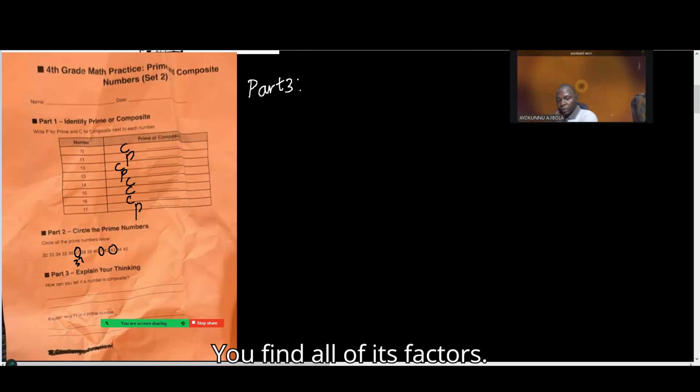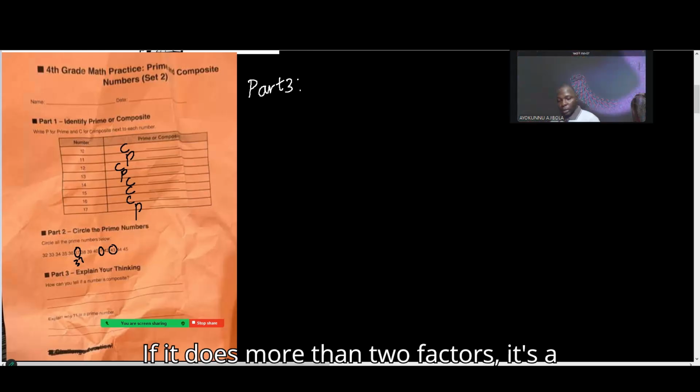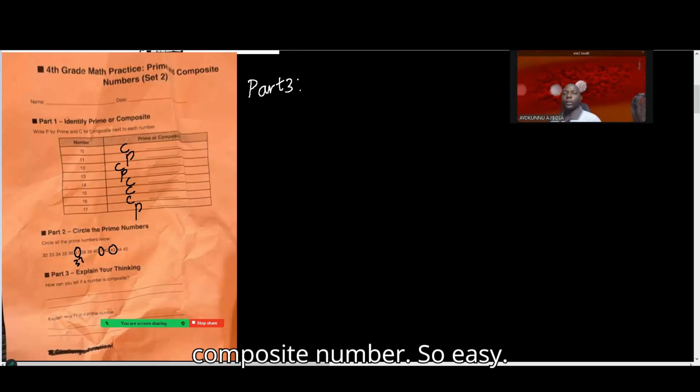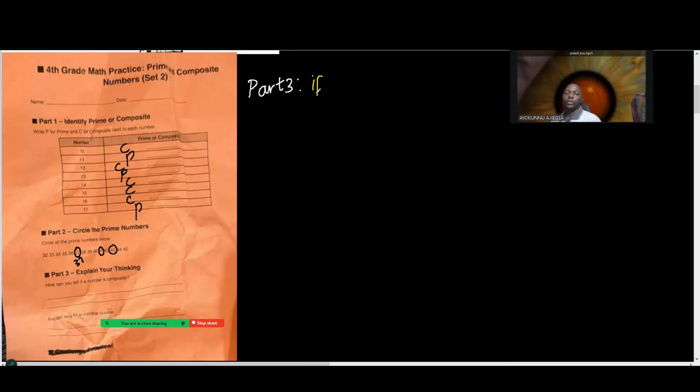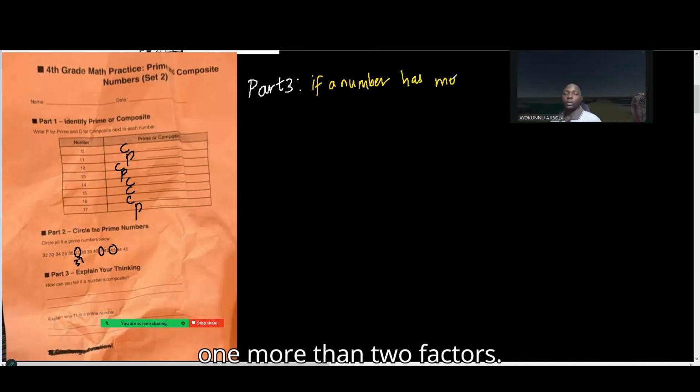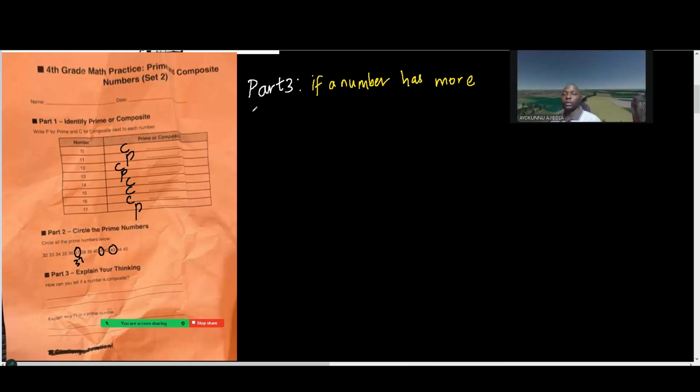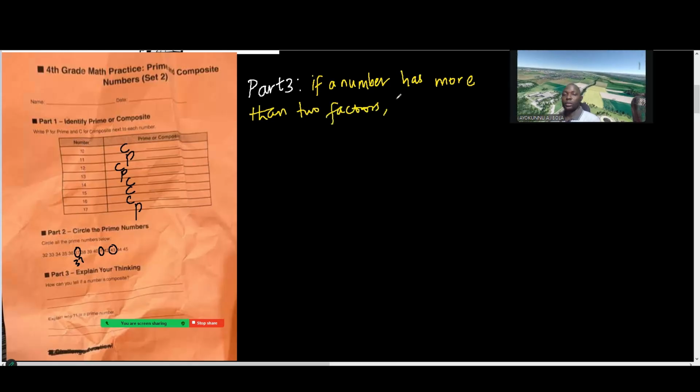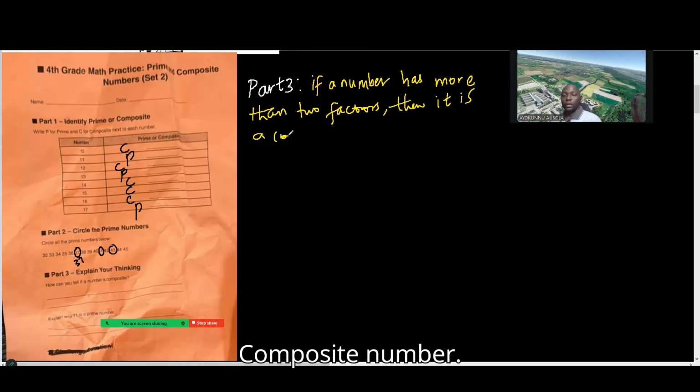You find all of its factors. If it has more than two factors, it's a composite number.